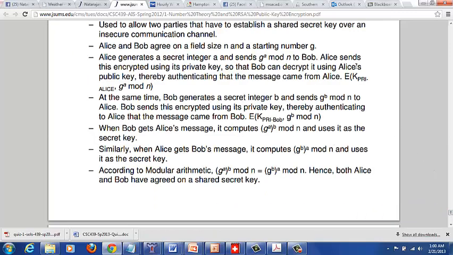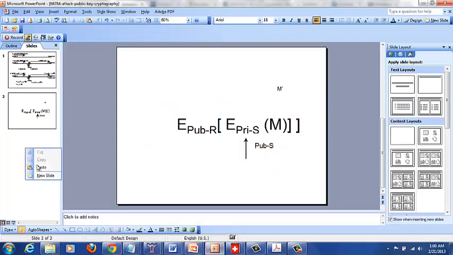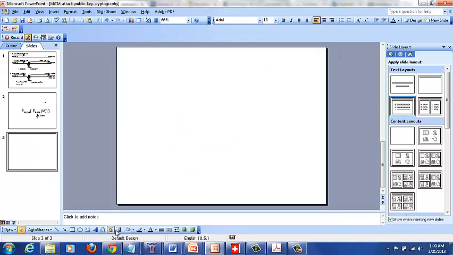Okay, so Alice sends g raised to a mod n to Bob, right? So let me see, I think I should be able to draw this. Okay, so we have Alice and Bob.